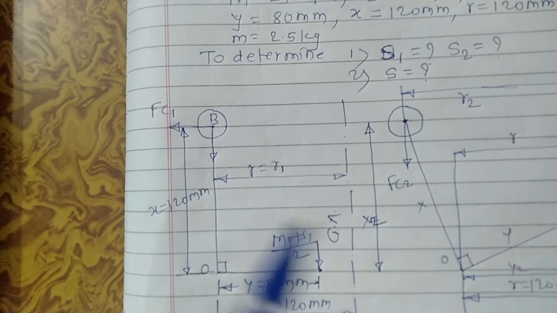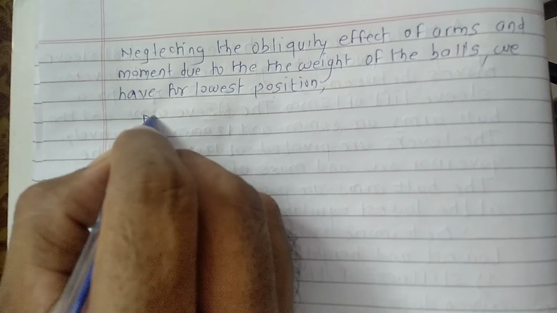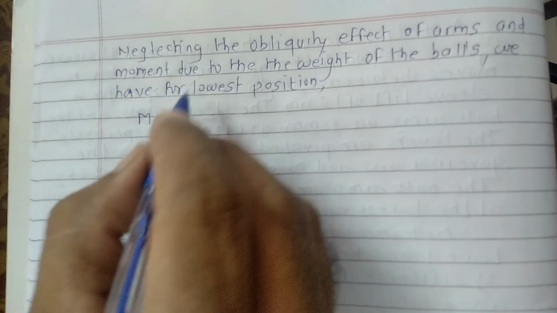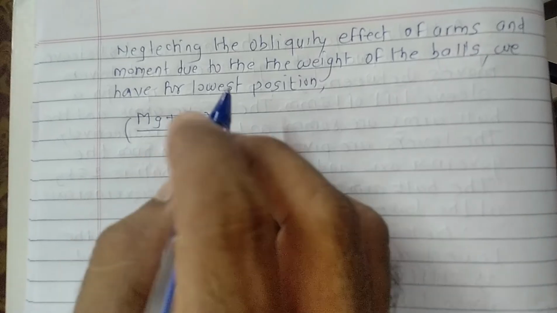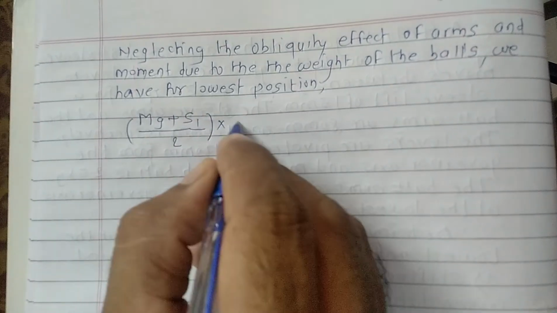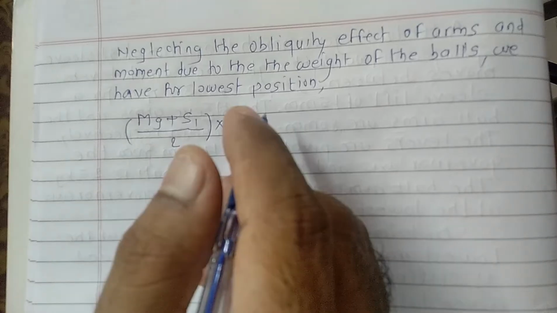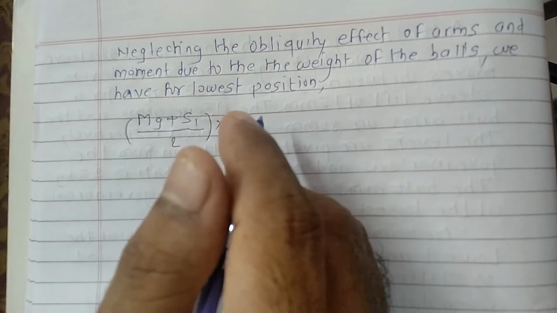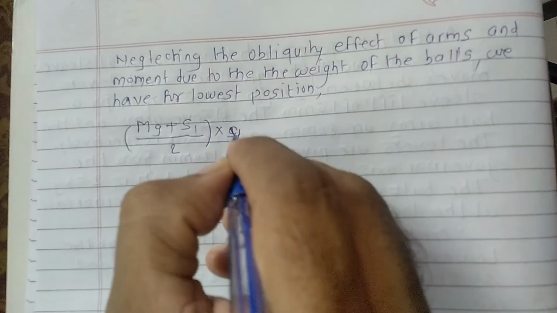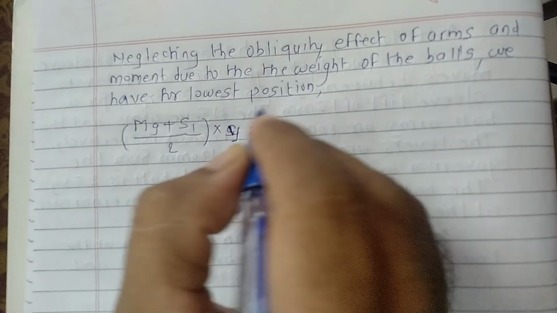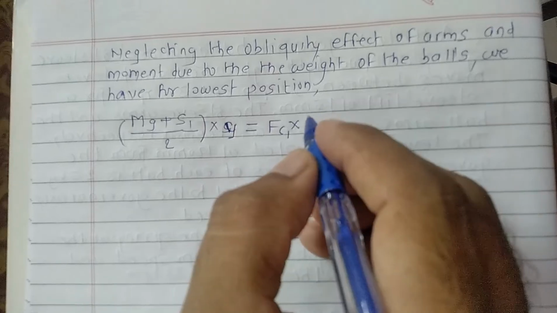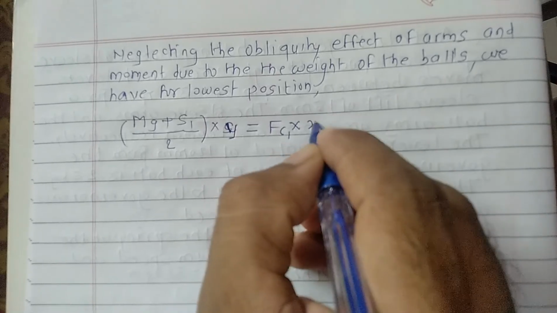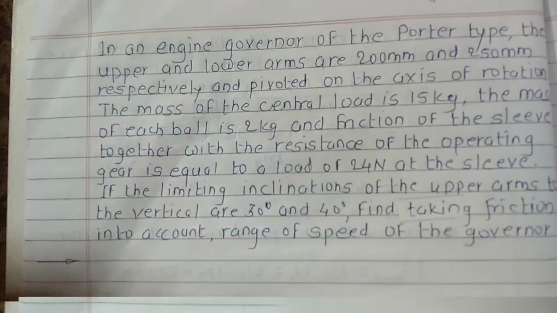The relation can be like this: (mg + s1)/2, this is the force, multiplied by the perpendicular distance y1, sorry, y, equals Fc1, the centrifugal force, multiplied by its distance with respect to the pivot point. Once again, just see here so that this will be clear to you.